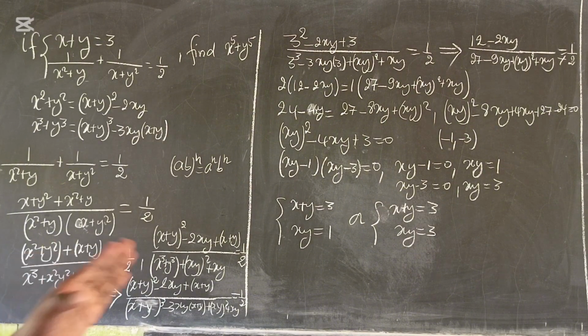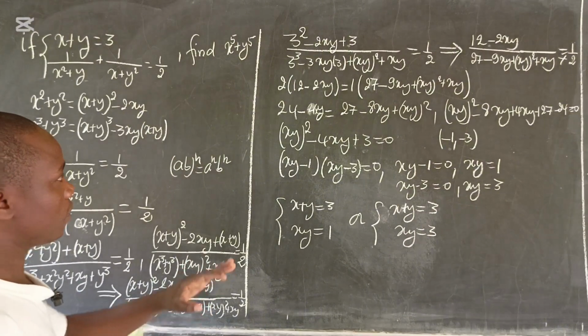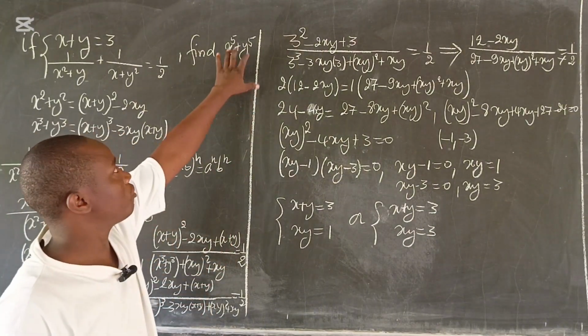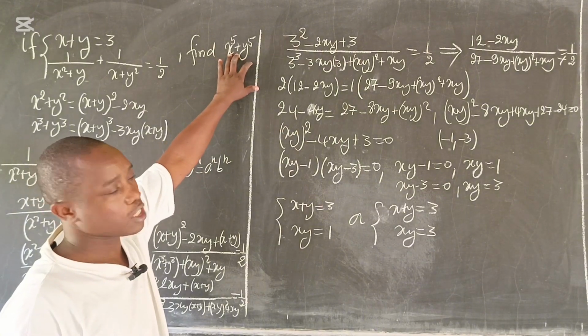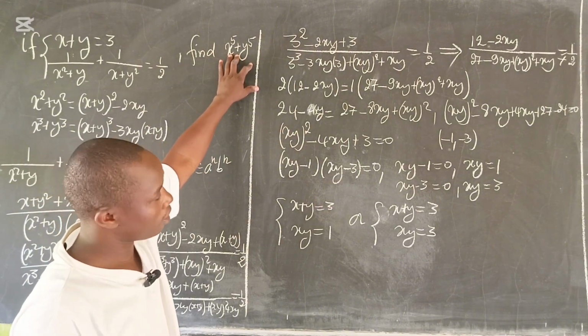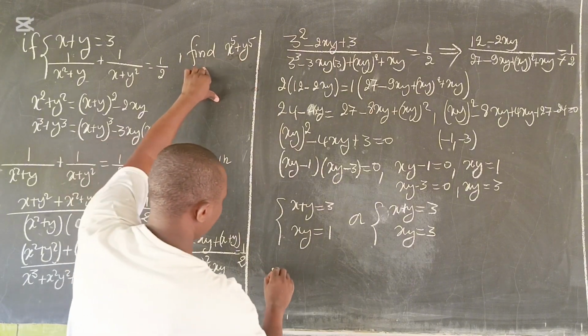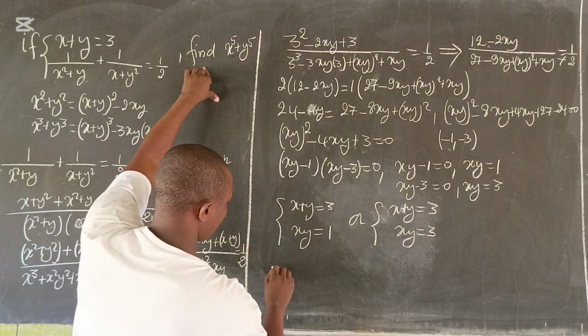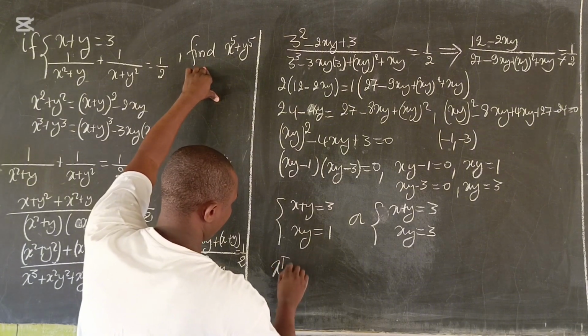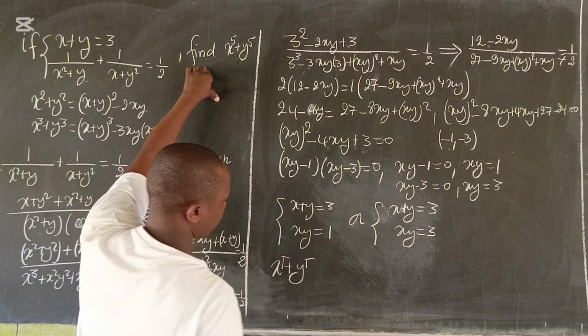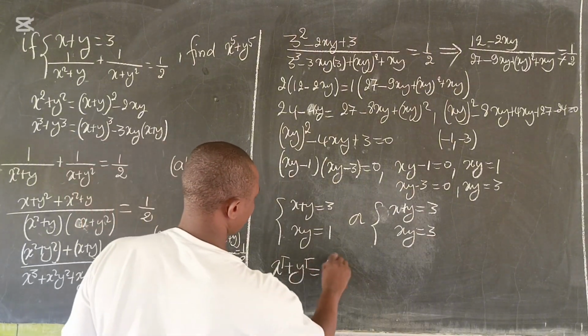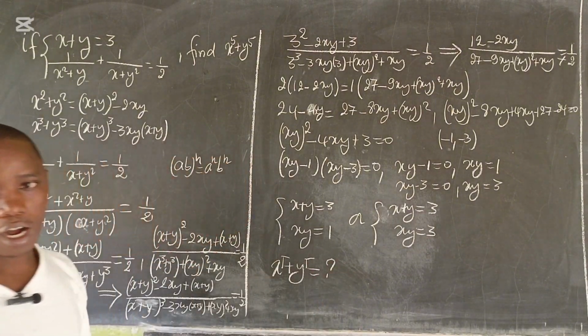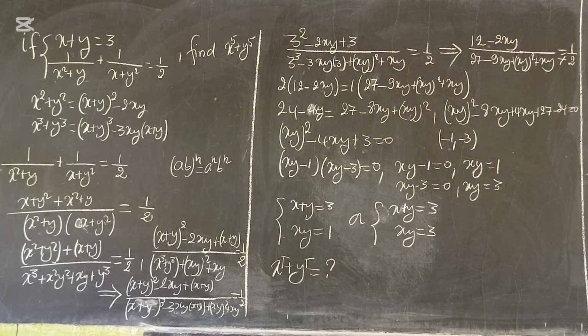Hope this will lead us to finding the value of x power 5 plus y power 5. This will help us to find x power 5 plus y power 5. This is what we are asked to find.